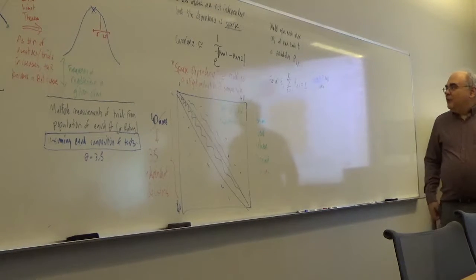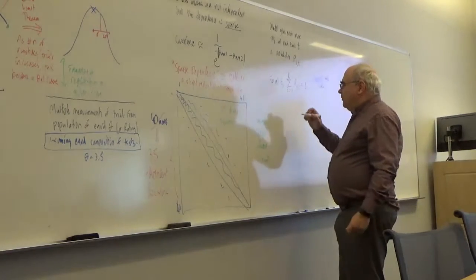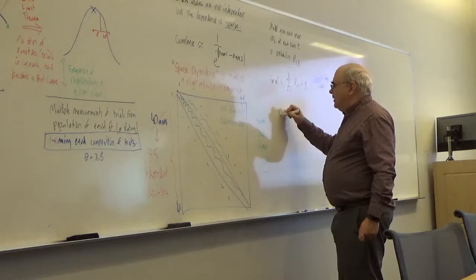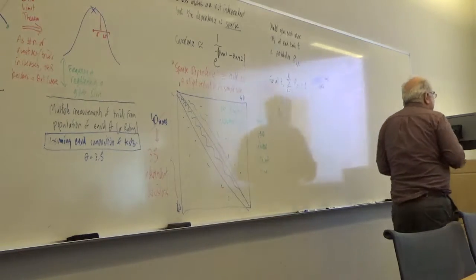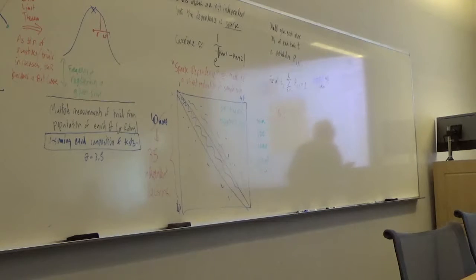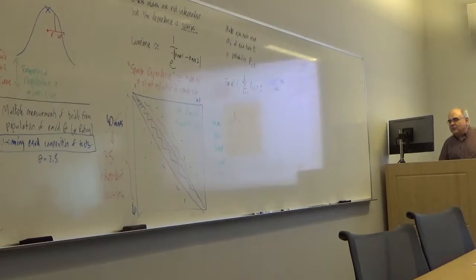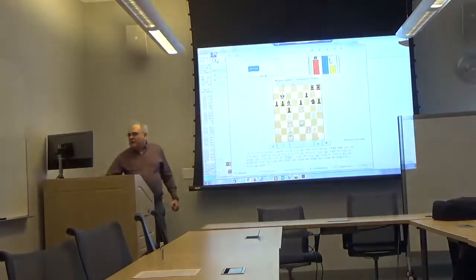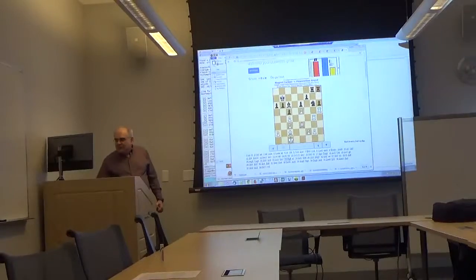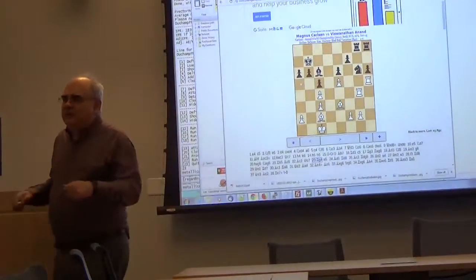Let's say my chess model says that the probability of the move A5. Let's go back to the move where Anand's A5 was actually quite a reasonable move to try to get something going on the queen side.